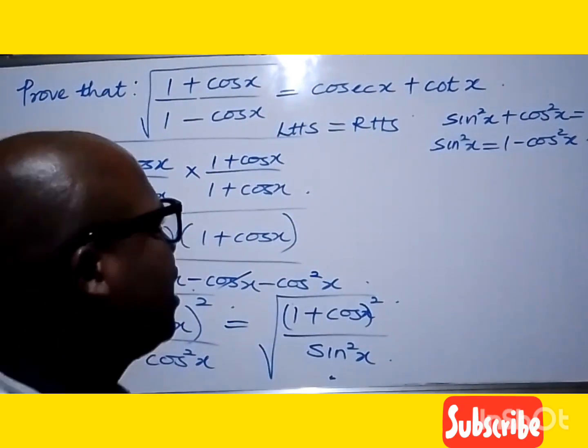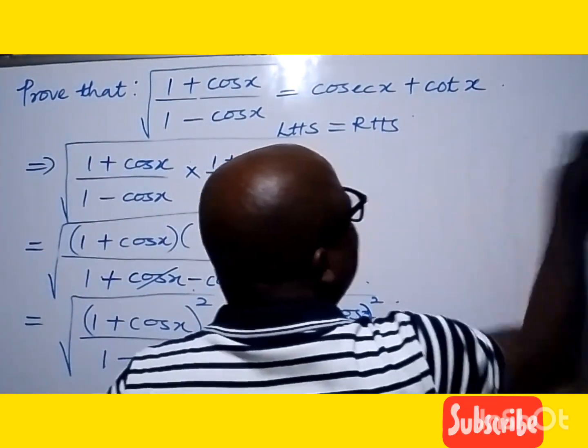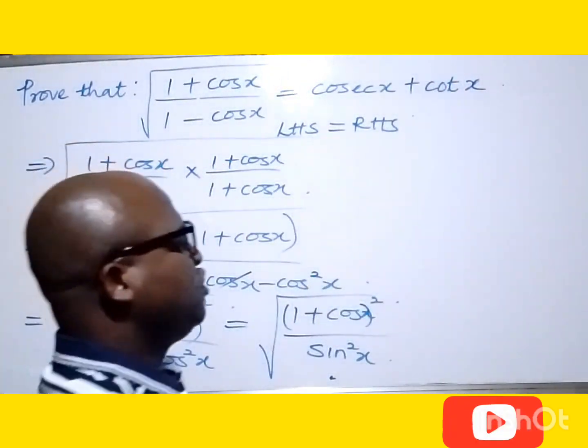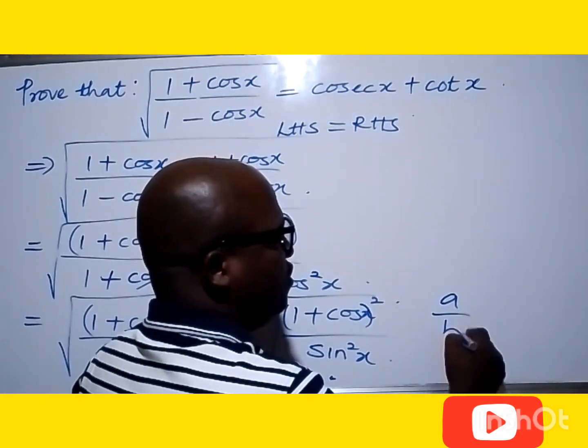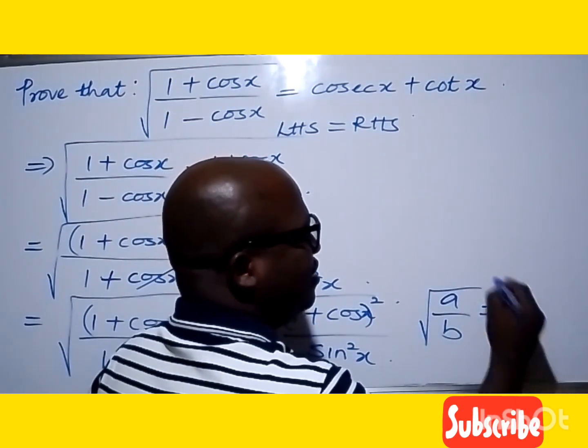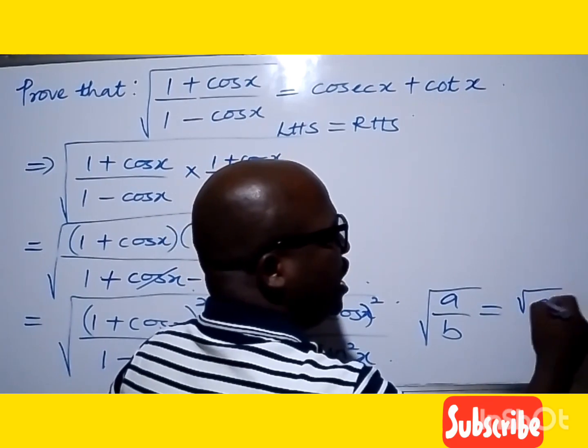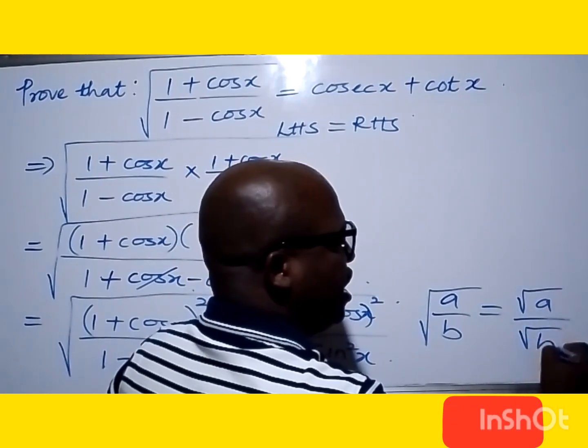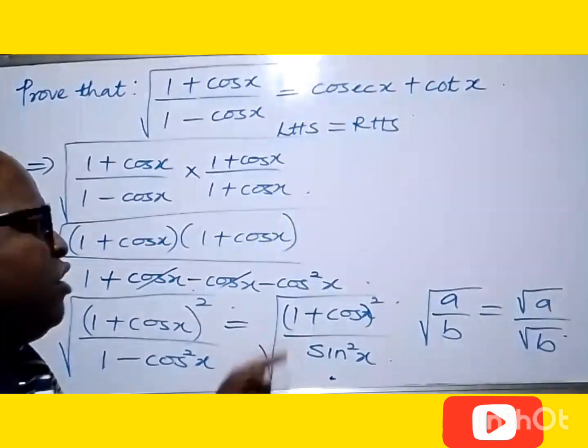Now let's try and split the square root sign, because if you have something like a all over b under the square root sign, it is the same thing as having root a all over root b, and that is exactly what we are going to have here.